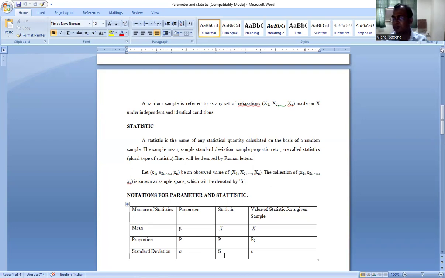Values of a statistic for a given sample, these may be some particular values, and what kind of notation can we assign there. The mean is again assigned x bar.